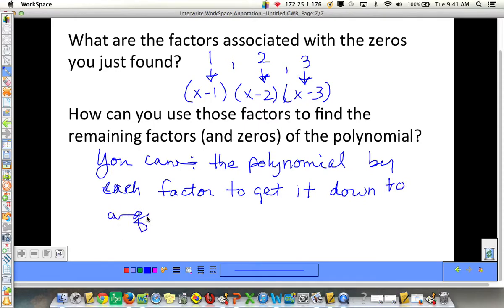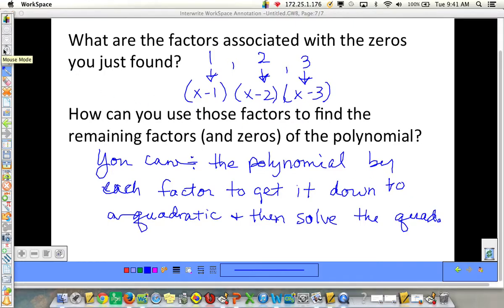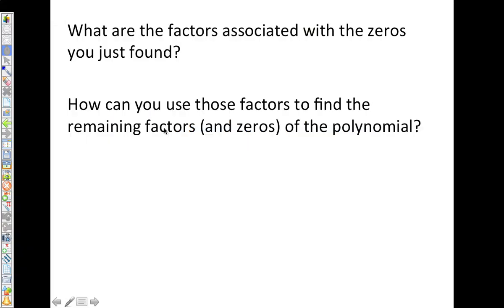And then solve. When you solve that quadratic, you can use factoring, you can use the quadratic formula, or if there's just an x squared, you can get x squared by itself and then solve by taking the square root. Okay, so let's see what happens.